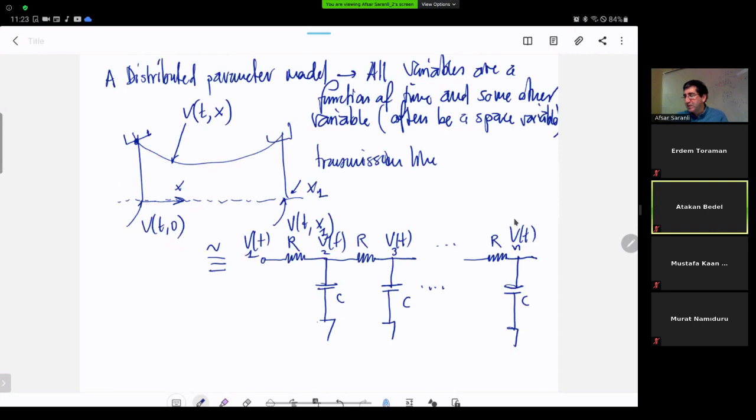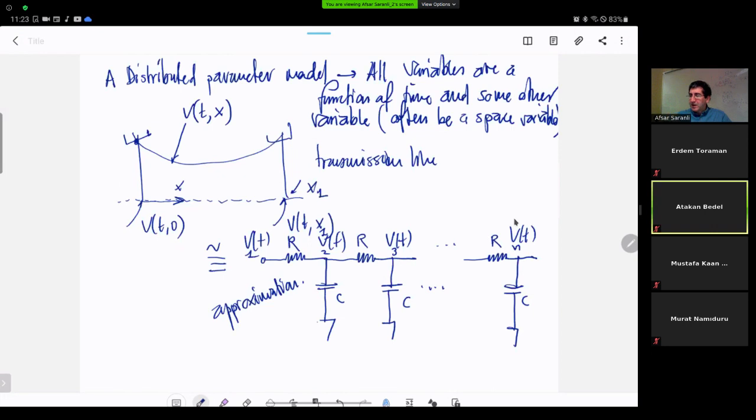This is an approximation. So what we will do is first look at the mathematics behind not the approximation but the actual distributed parameter model, and then we will discuss how we can approximate that in order to build easy to handle models.